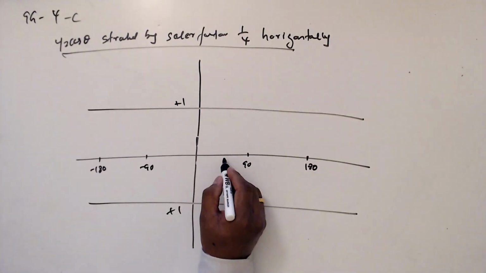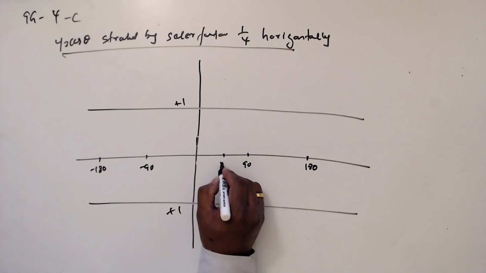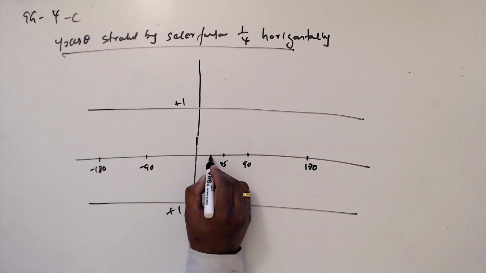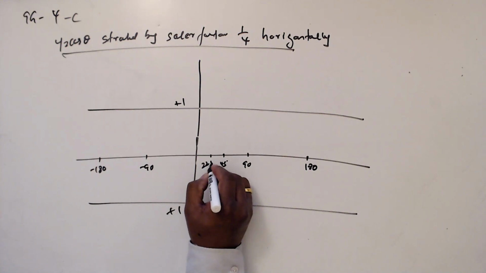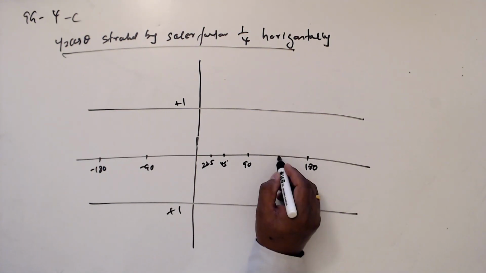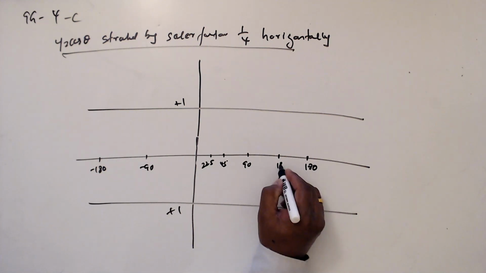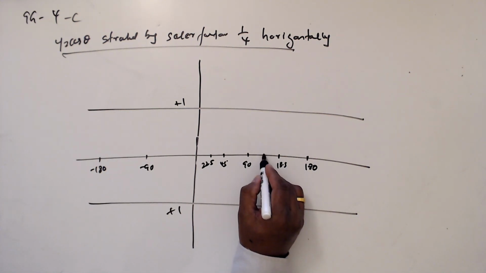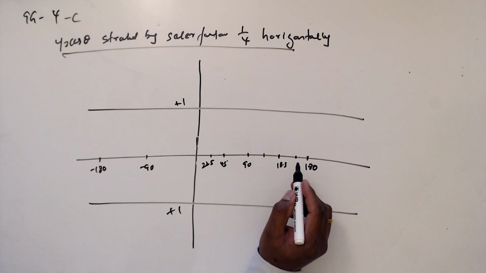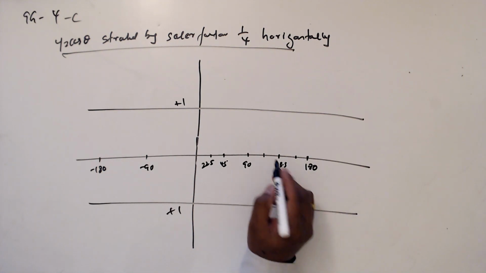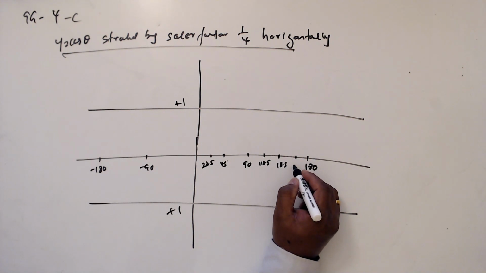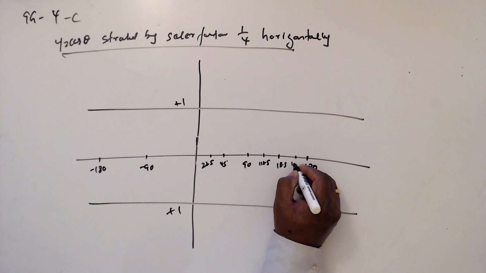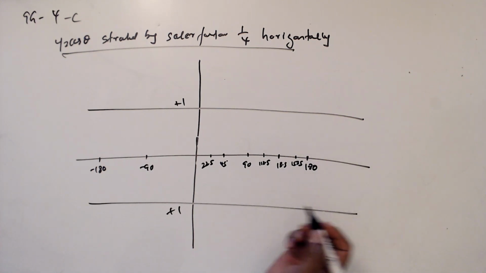It means this is going to be 45. Half of 45 is 22.5. This is 90 and the middle one 135, and then this middle and this middle. This is 112.5 and this is going to be 157.5.